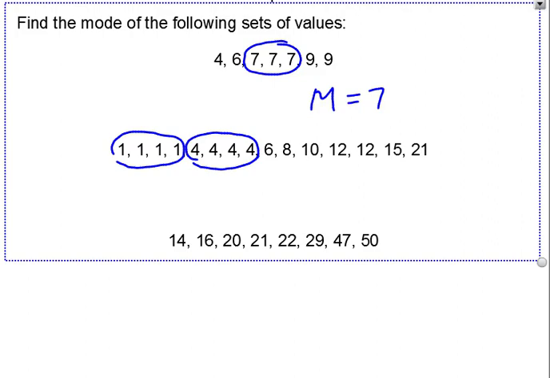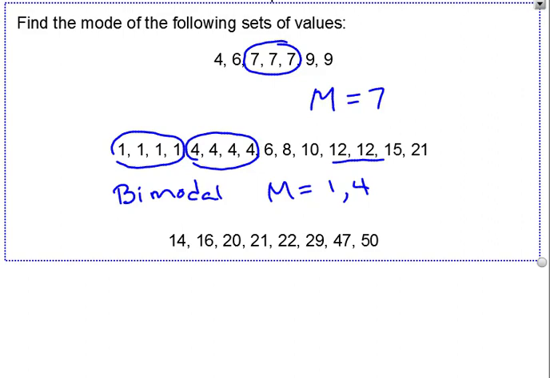So this set of data has 2 modes. It's called bimodal. Bi means 2, and so we say the mode M is equal to 1, comma, 4. Notice I don't take into account that the value 12 is repeated, because it only occurs twice, not 4 times.